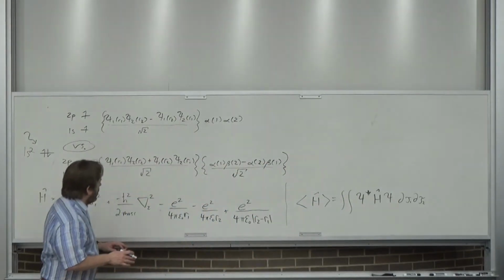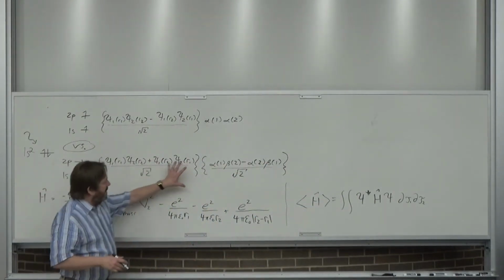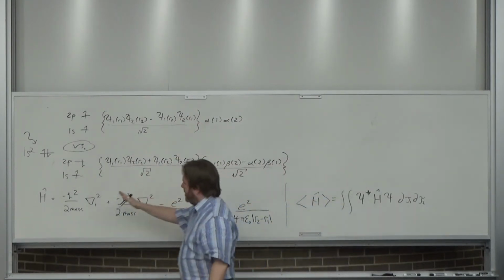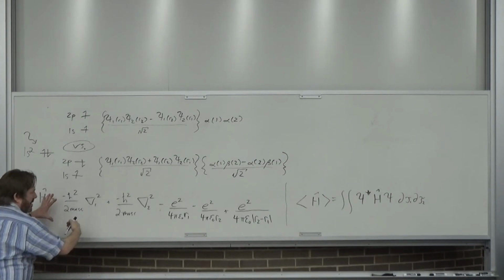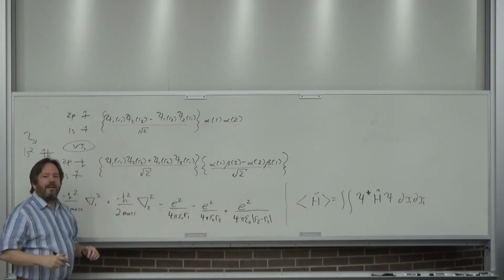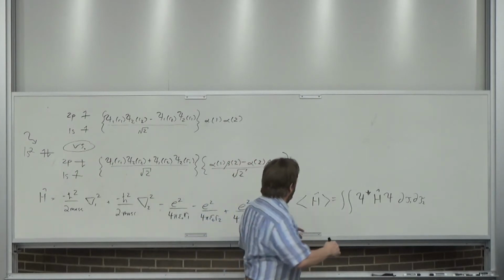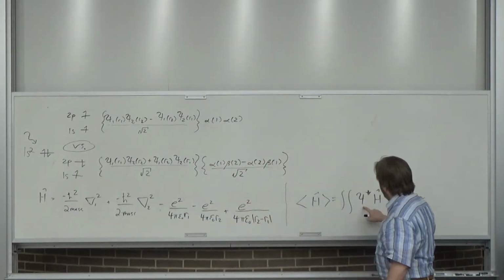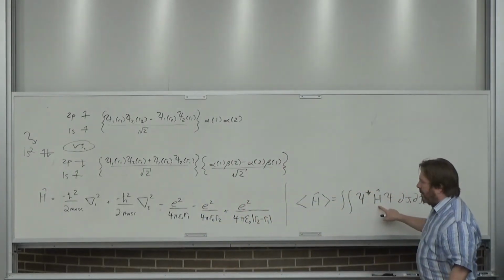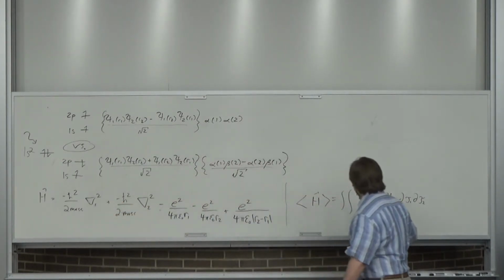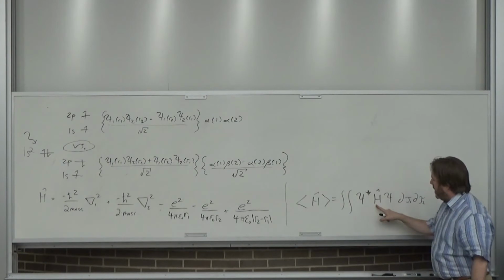And as I mentioned before, you're going to have this and this to the right, to the left, and then you're going to integrate the whole thing. What did I say last time? 80 terms? Let's see. For the singlet, there's 4. There's 5 terms of the Hamiltonian. 4 times 5 is 20.